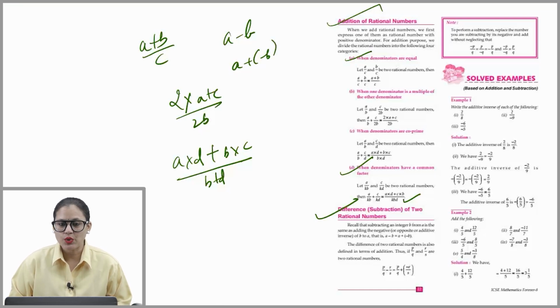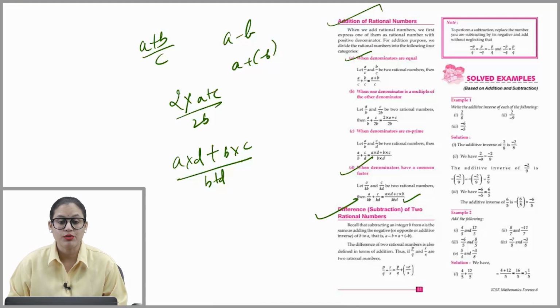Thus, if P by Q and R by S are 2 rational numbers, then P by Q minus R by S is equal to P by Q plus, in bracket, minus R by S. Okay. So, note, to perform a subtraction, replace the number you are subtracting by its negative and add. Okay. For example, now let's do the example.